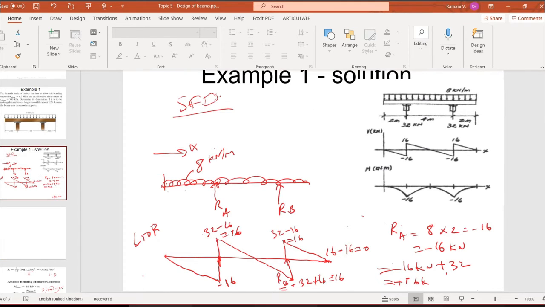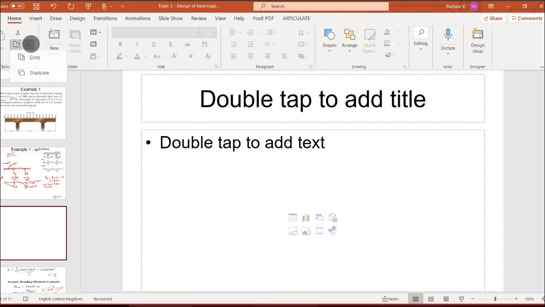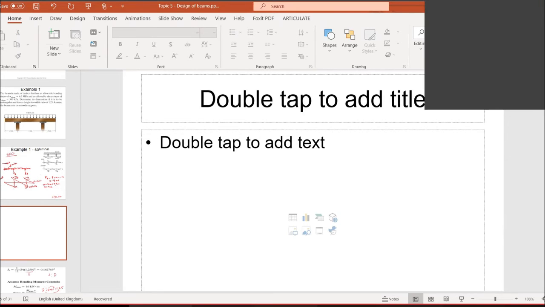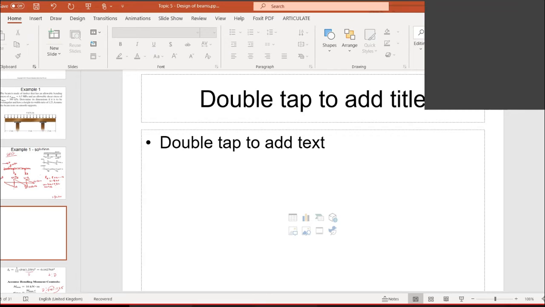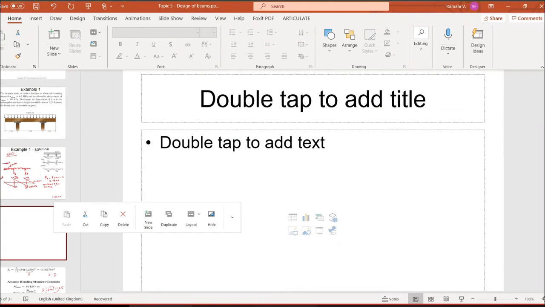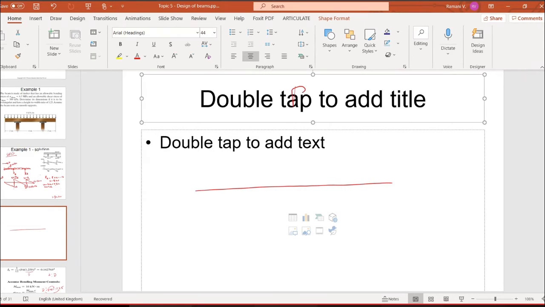Pasting and duplicating is easy. Now it is okay. I just drew from here. Draw the line again. We are going to do the bending moment diagram.